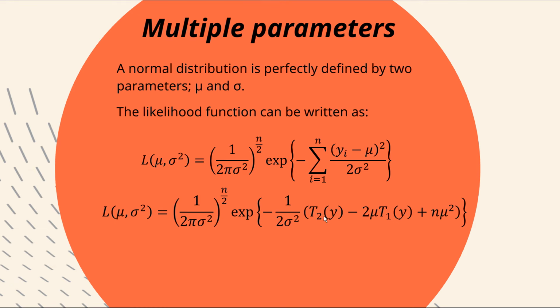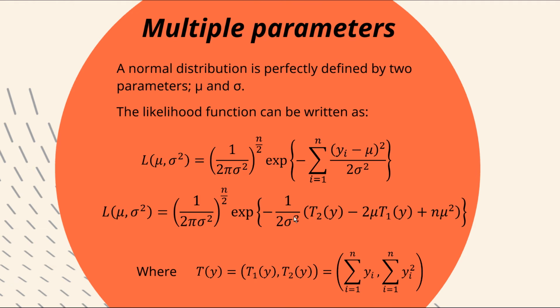So here we have 2 different statistics, T2 and T1. Now, if I define something called Ty, which indeed has 2 separate statistics, the first being the sum of all the observations, and the second being the sum of all the observations squared, well, this indeed is how we could write our new likelihood. T2 here is the sum of y squared, and that's exactly what you're going to get for the first term of this expanded quadratic up here.